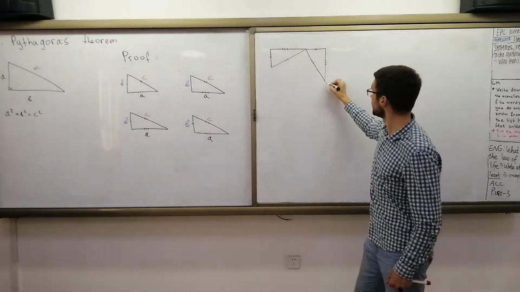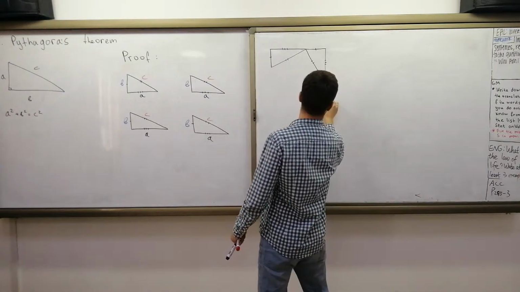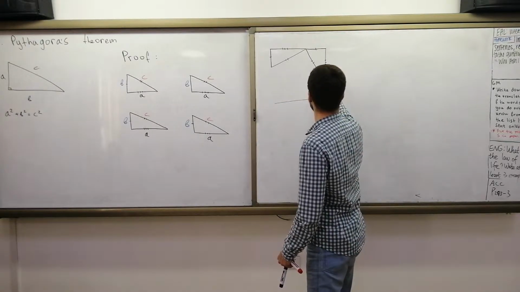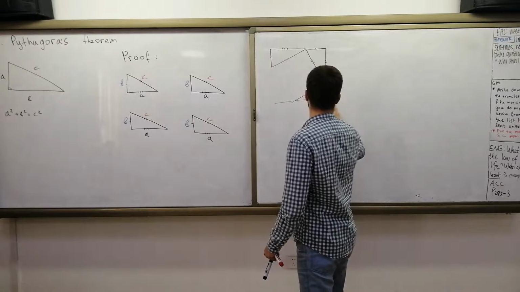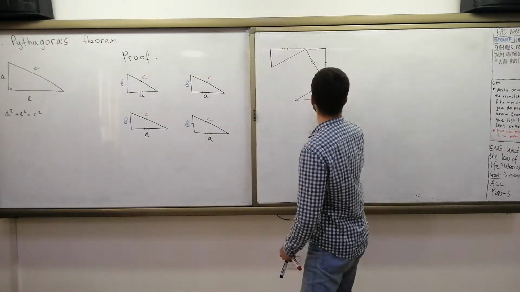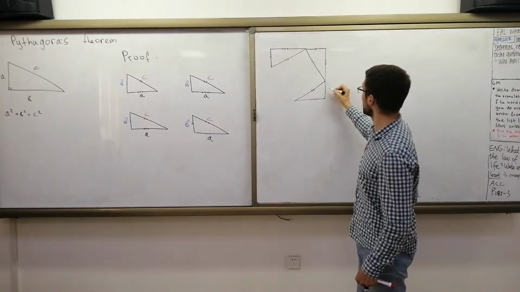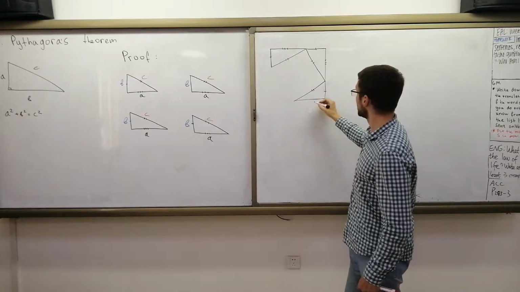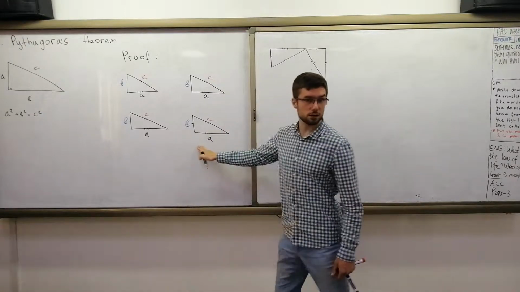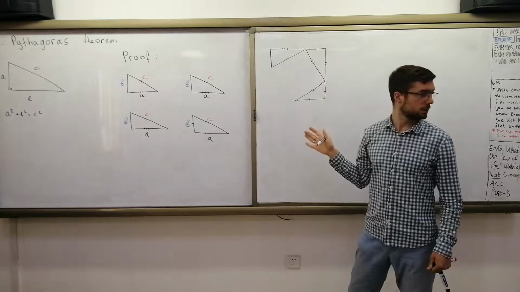I locate him here, like that. Okay, so once again, that is my side C, that is my side B, that is my side A. All right, and finally, I'll take my fourth triangle and gonna locate him so that it will complete the square.